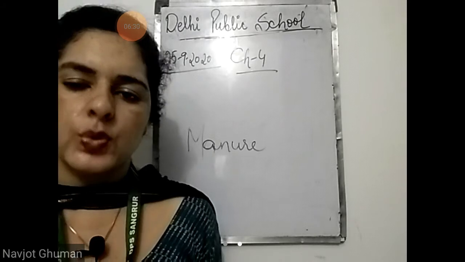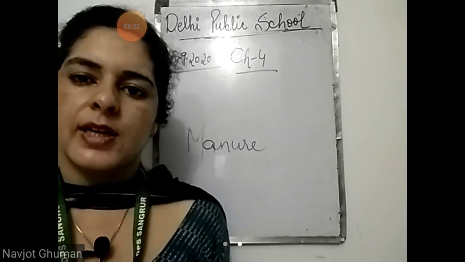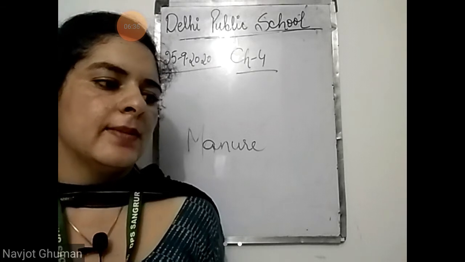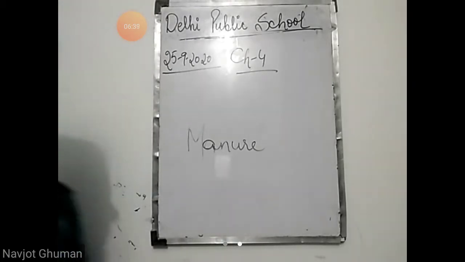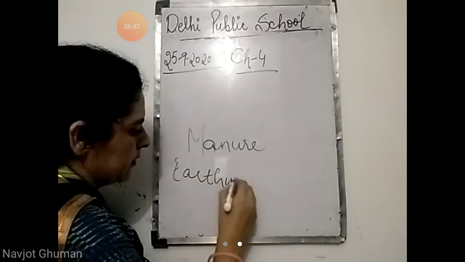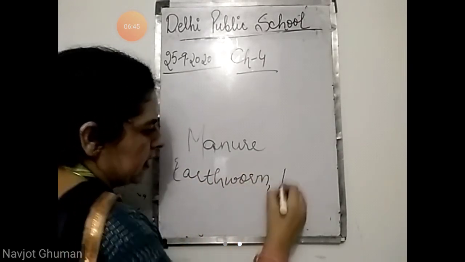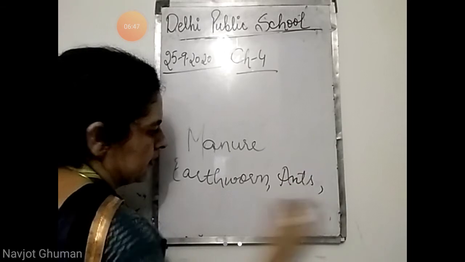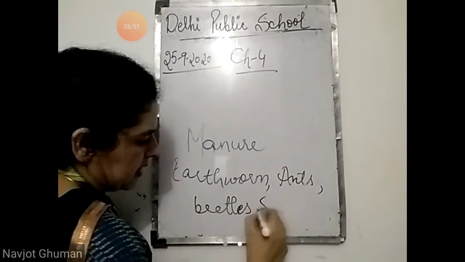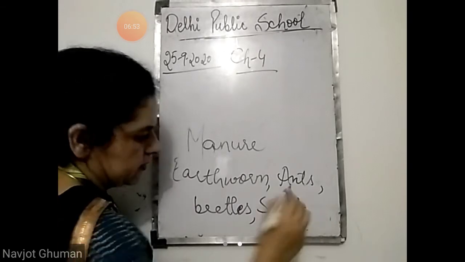Soil contains humus, pebbles, clay, sand, that are the things. Animals that live in soil, any two animals, write earthworm, ants, beetles, or snails. Any two you can write.